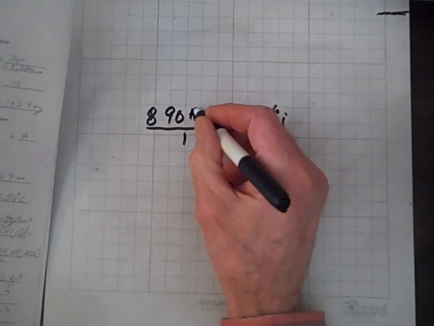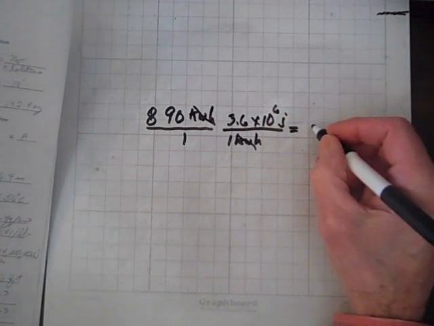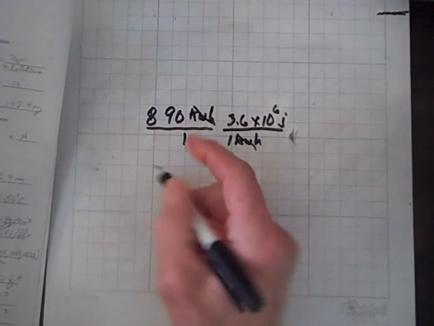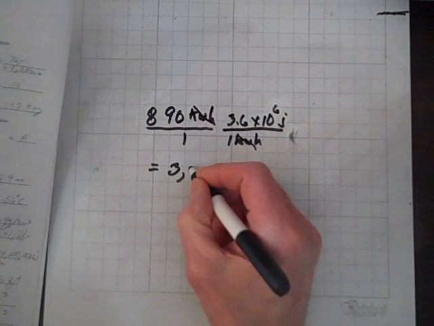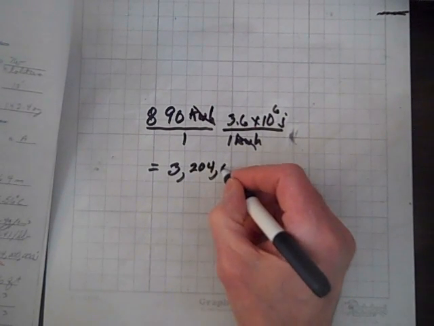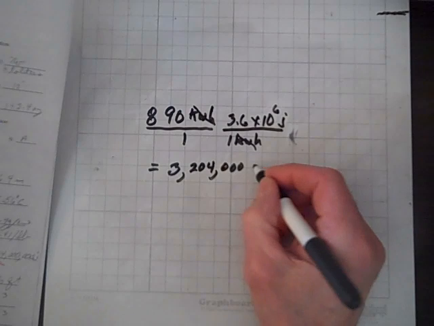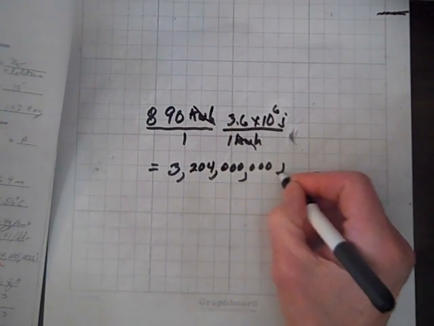Now the kilowatt hours divide out, and the product is, oh, it's a big one, so I'll need a little more room, equals 3.204 million joules.